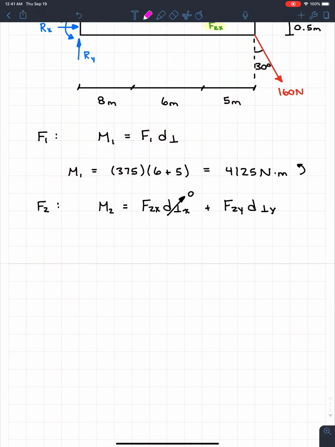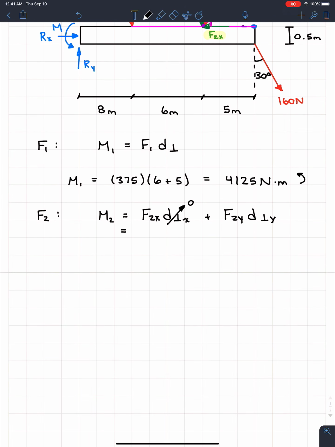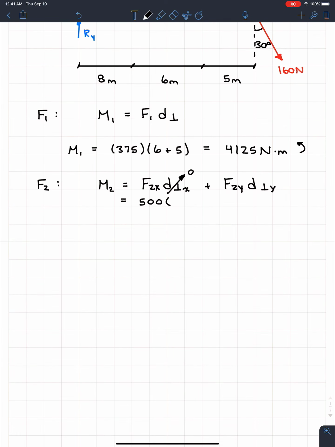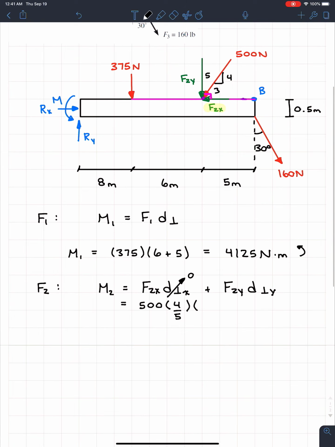So we can simplify this even more. M2 is going to be equal to F2y, which we know is going to be 500, and then we have to convert it to its components. So it's going to be 4 over 5, and then times that perpendicular distance. In this case, it's going to be 5 meters.